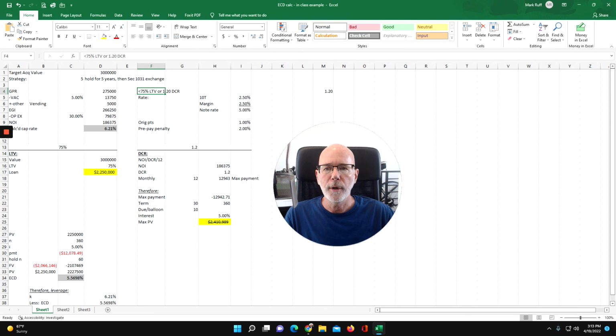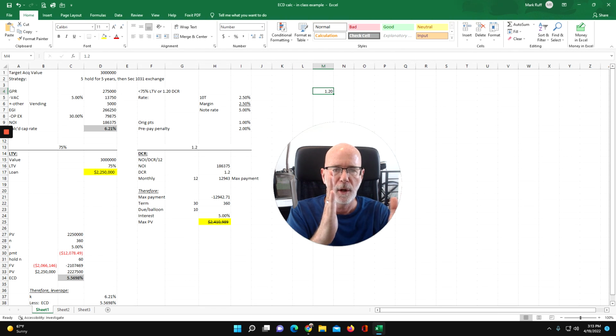The debt coverage ratio quoted here is a 1.2 DCR. What this means is that when a lender quotes a coverage ratio, or a DCR, or coverage, or debt coverage, synonymous terms, what they're saying is that this 0.2 right here, the point XX, whatever the XX is, means that the lender says that 20% of the net operating income here of 186,375 cannot be used for debt service.